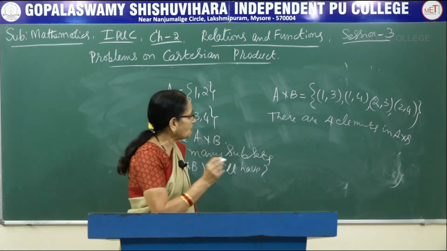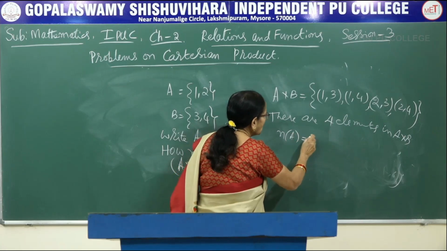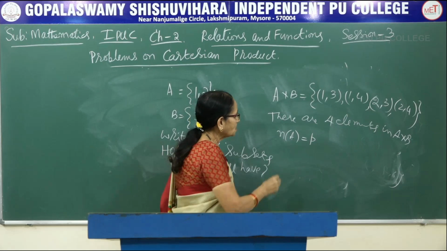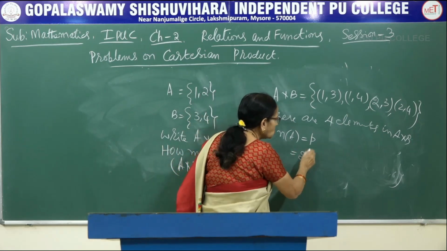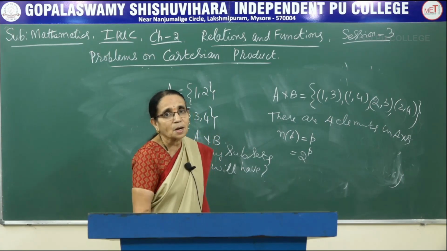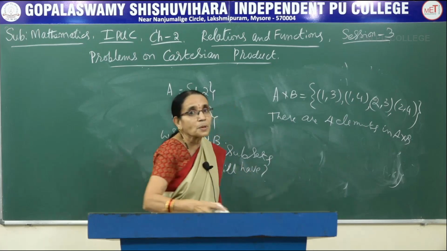If a set is having P elements, the number of subsets would be 2 to the power P. This information I gave you when I was discussing the subset topic under the chapter Sets, that is the previous chapter.